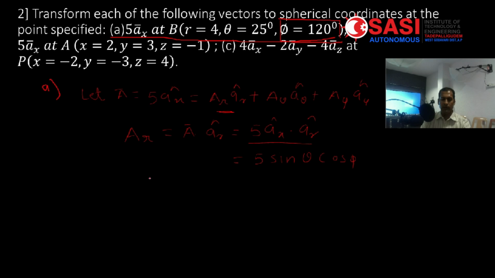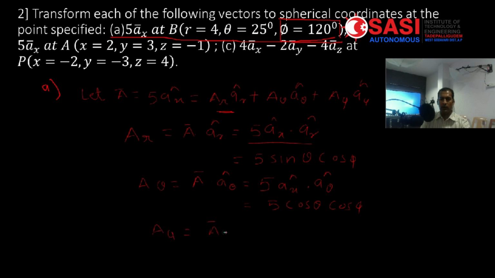This is for AR. For A theta, it will be equal to A bar dot A theta cap. According to our table we can solve it as phi AX cap dot A theta cap, which is phi cos theta cos phi. The third one is A phi.